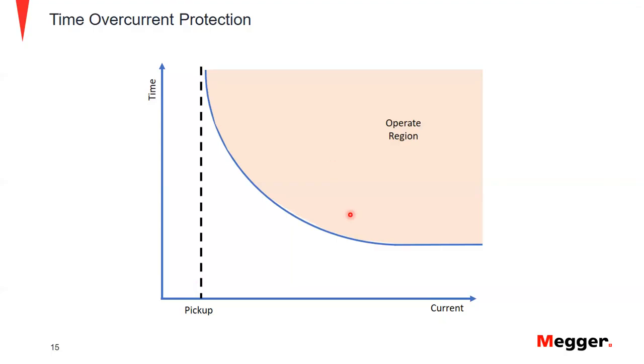Anything above our TCC, our selected curve, outside of that curve time, we're going to get into operate. If a fault happened at this point, this will be the non-operate region, and this will be the operate region. After our time has expired from the time current curve, we would be in the operate region, which we should see an operation.